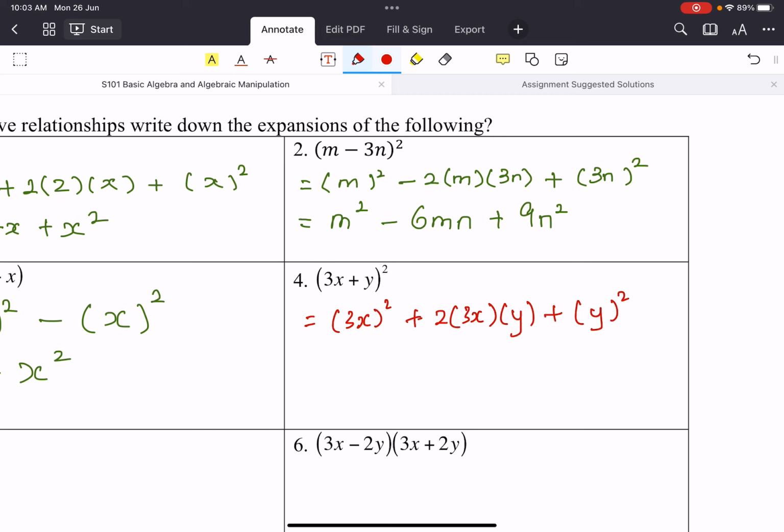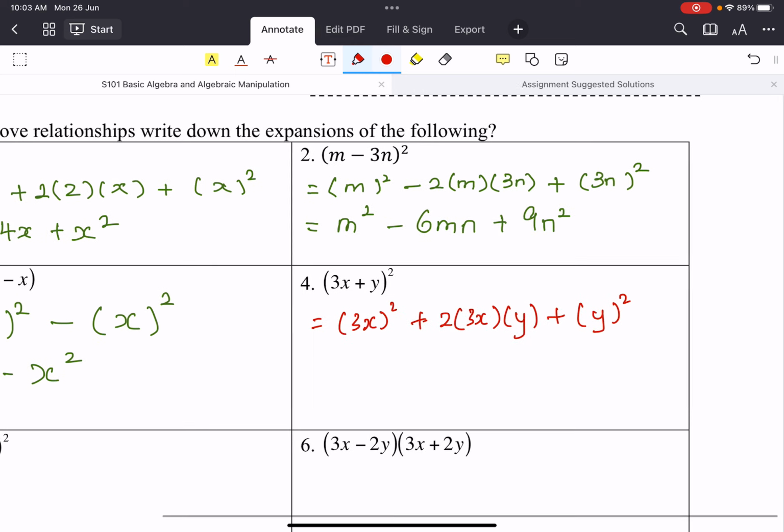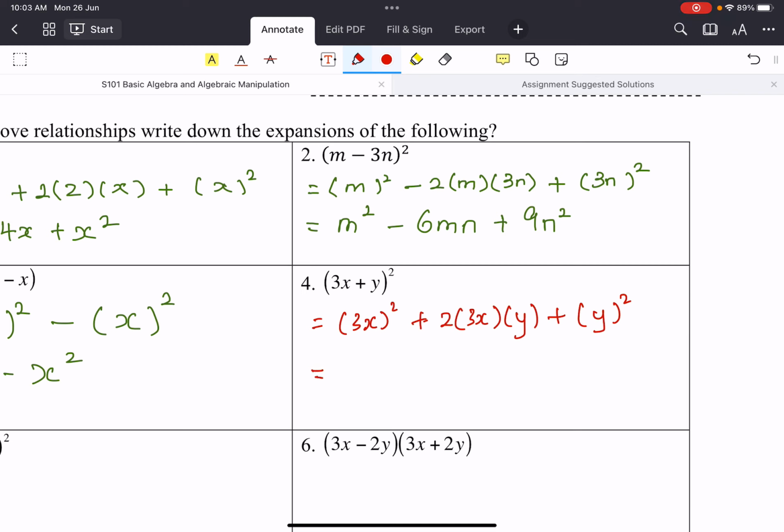Notice when I do substitution, we always put them in brackets. This is to minimize errors, because 3x times 3x should give us 9x squared. If you forget the brackets and write down 3x squared, that will be incorrect. So really form the good habit of having the brackets there. And then continuing, this will give us 9x squared plus 6xy plus y squared.